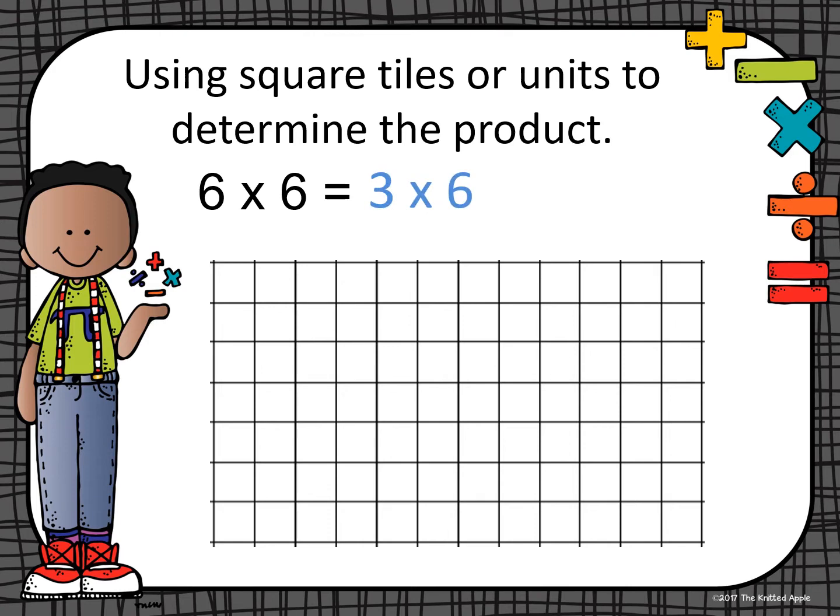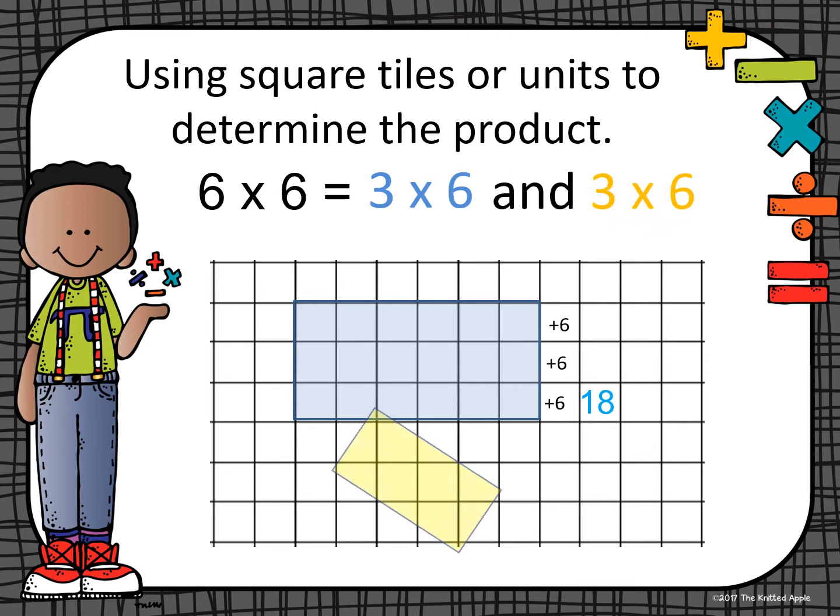If we don't know what 6 times 6 is, we could use 3 rows of 6, and that would be 6 plus 6 plus 6, and together those would be equal to 18. So right now we have 18 square units, but it wants 6 rows with 6 in each.